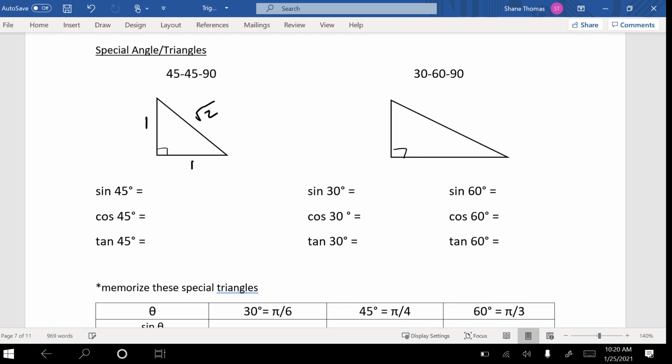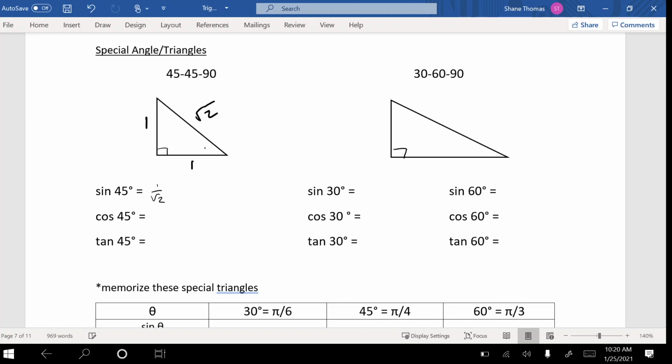So a 45, 45, 90 is going to have legs of 1 and 1, and a hypotenuse of square root of 2. The sides have to be the same. It's an isosceles triangle because, if you remember from geometry, if the angles are the same, the sides opposite them have to be the same, and vice versa. In this case, the sine of 45 is going to be 1 over root 2.